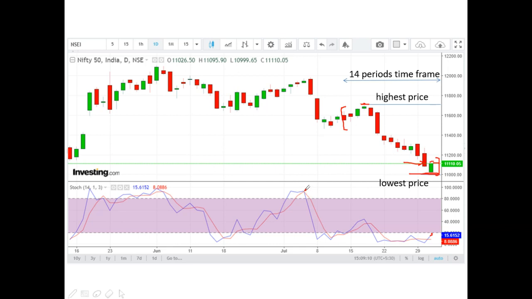When the percentage K line, that is the blue line, crosses above the red line, this indicates a buy signal, and this indicates a sell signal when it goes below the signal line, that is the red line. So that's how the stochastic indicator is used for generating the transaction signals.